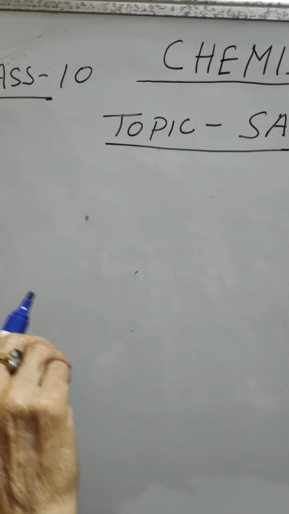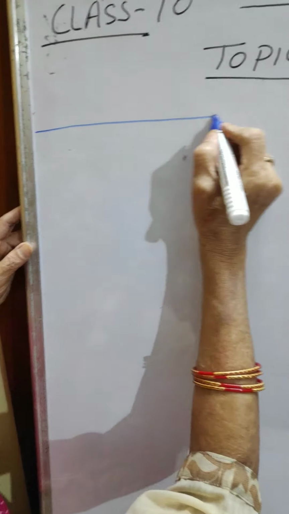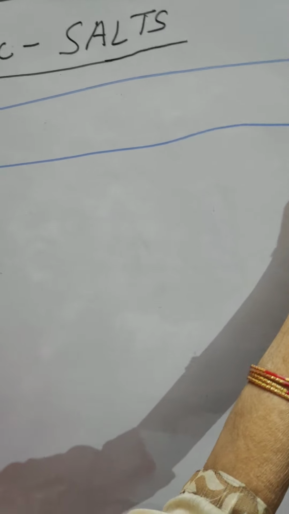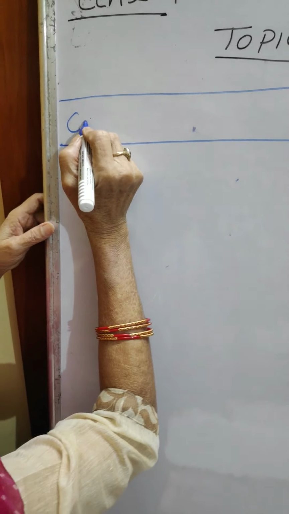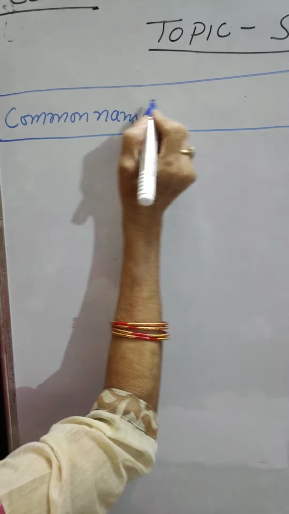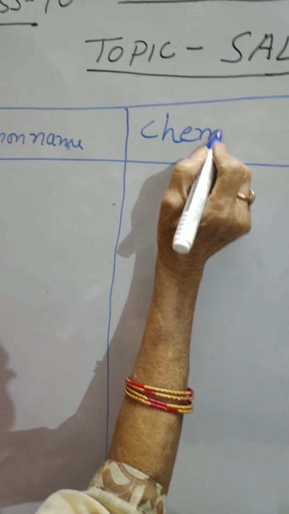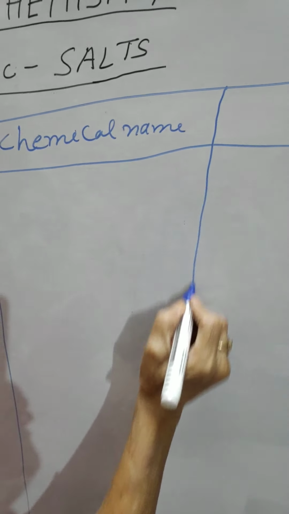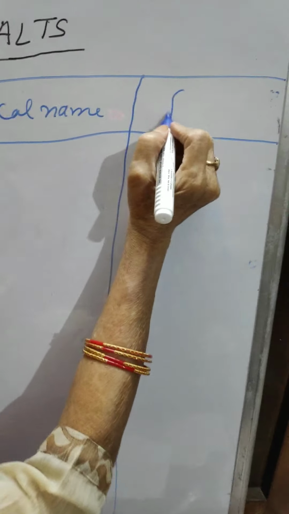Now write some important formulas and chemical names of these salts: common name, chemical name and formula. Make a chart. It is very important. First we will learn the common name, chemical name and the formula.